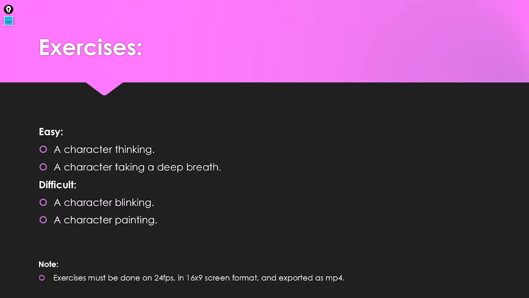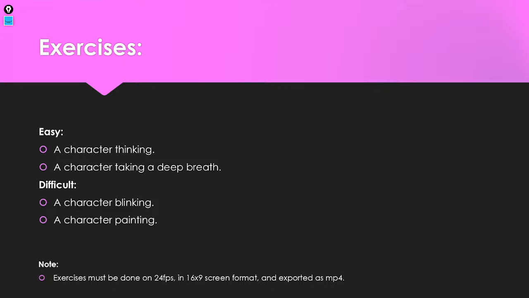Thanks. Also, I'll mention this here as a reinforcement to what I said to Vintage in the exercises last week. The exercises used to be listed here as having to be done at 24 frames per second on twos on a 16:9 screen and exported as MP4.